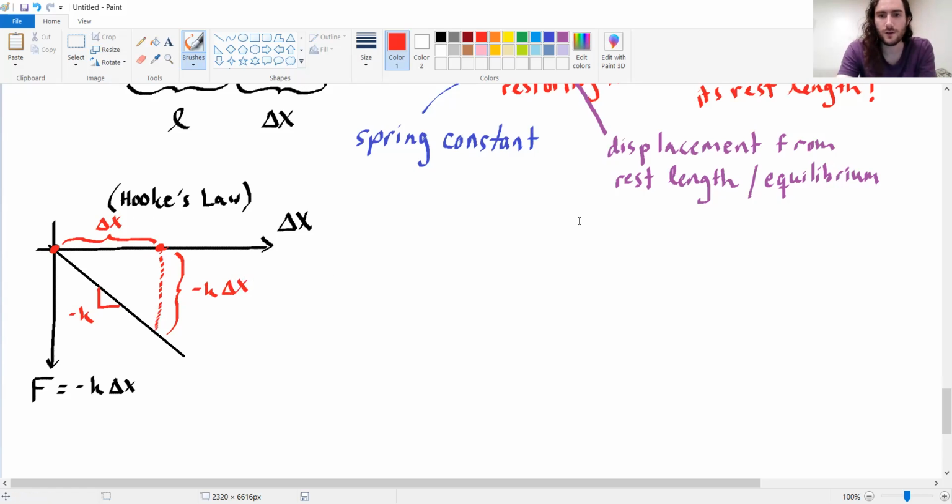So what would be the area of this triangle? Does anybody, are we clear on what's being asked here? So what's the area of that triangle? So we know the base and we know the height.